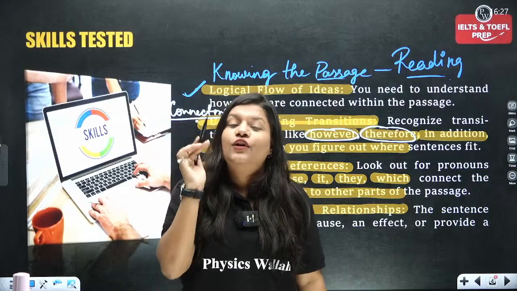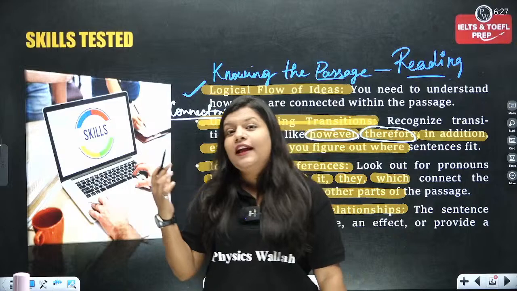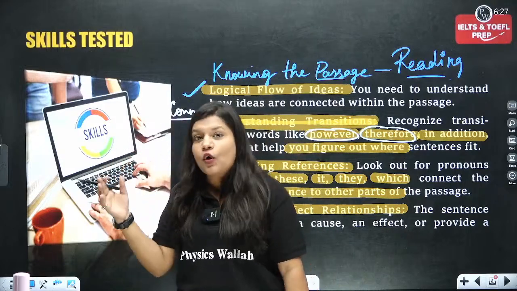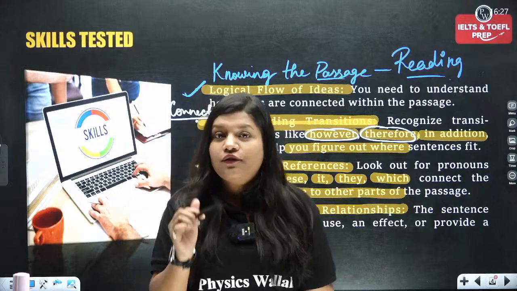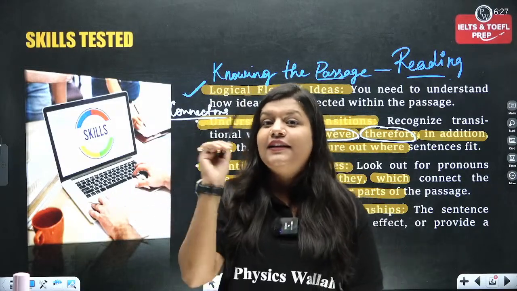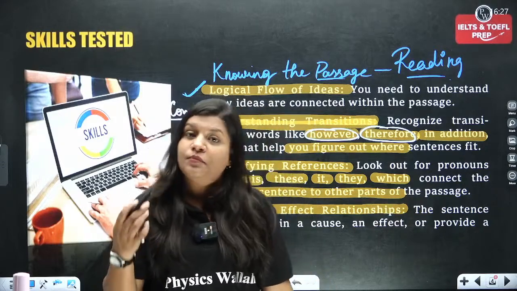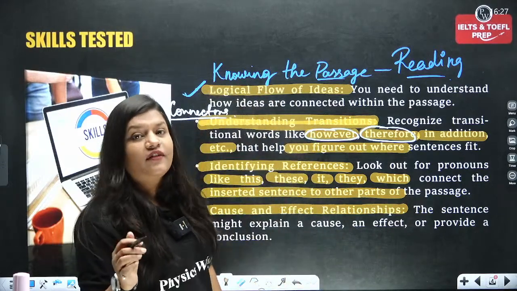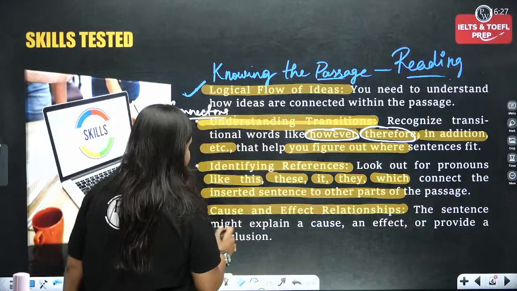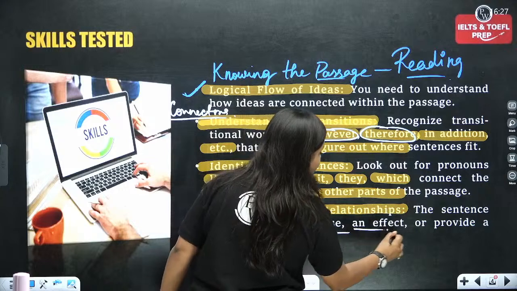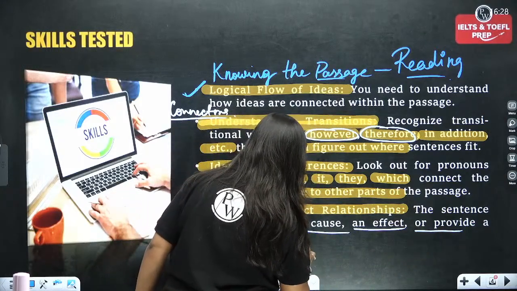So you need to look at the structure of the passage so that you can connect the sentence, whether it is a cause, an effect, or a solution to the problem. In order for you to relate that particular sentence to the passage, you've got to be very clear about what you are presenting. So be very sure of it. The sentence might explain a cause, an effect, or provide a conclusion, or maybe provide a solution for the same.